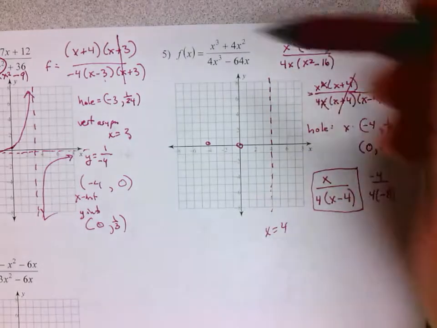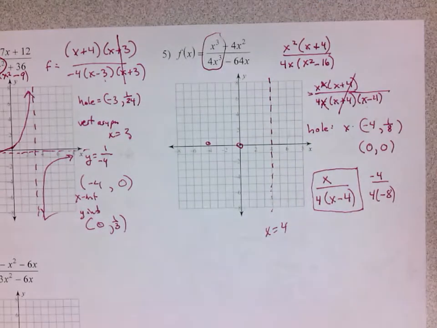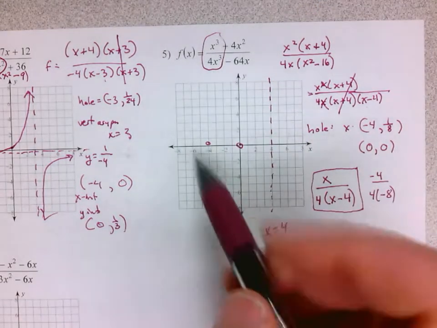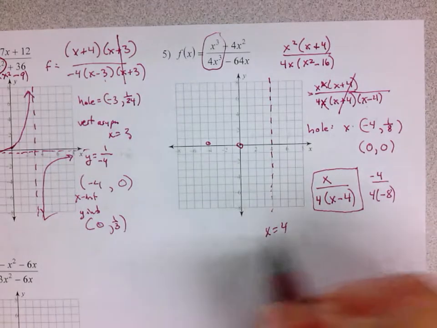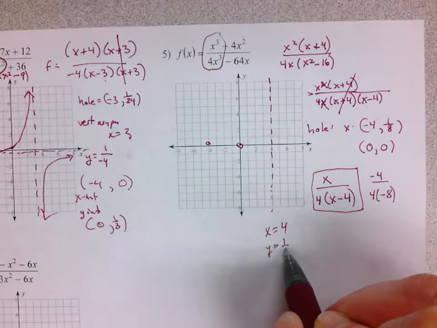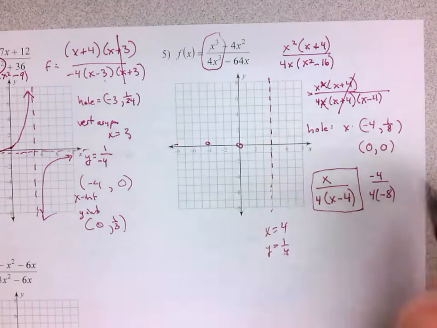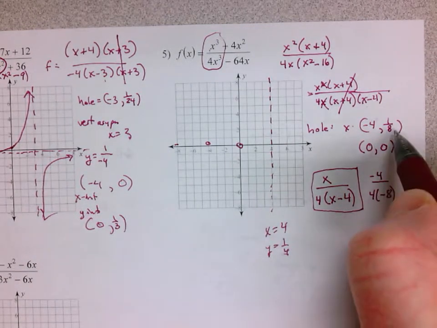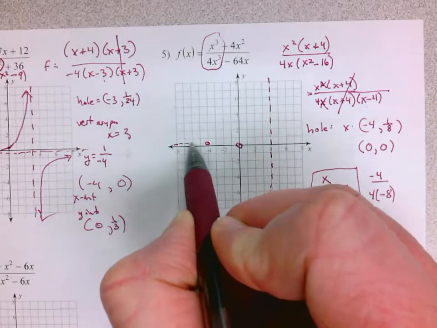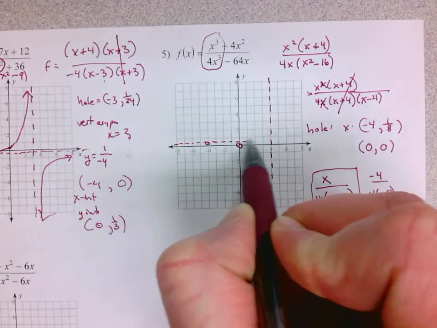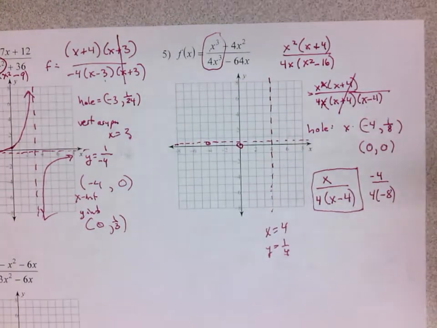Highest power is 3, so they're the same power. So the horizontal asymptote is at y equals 1/4, leading coefficient. So just above the x-axis. And it's above my hole just a little bit there. It's just giving you a guide for what to graph.